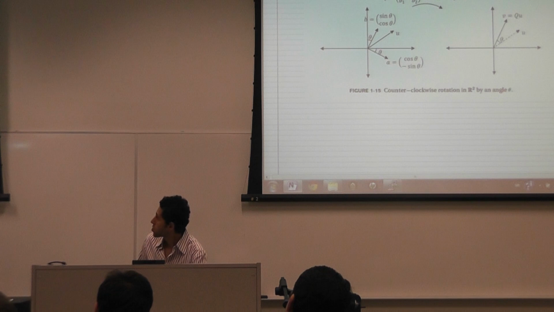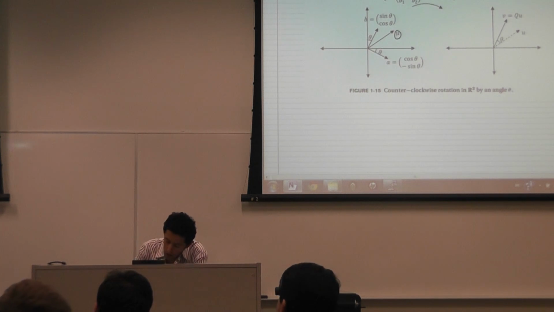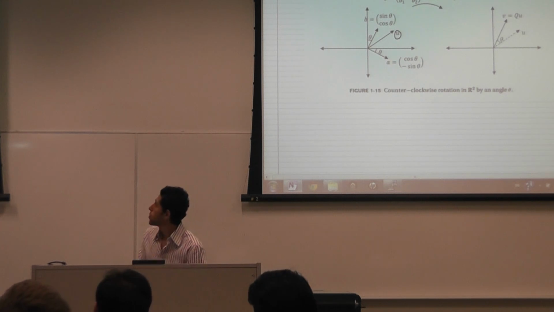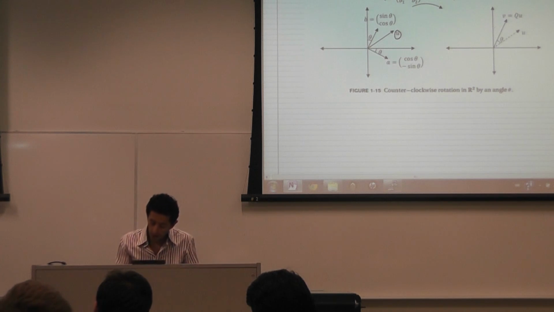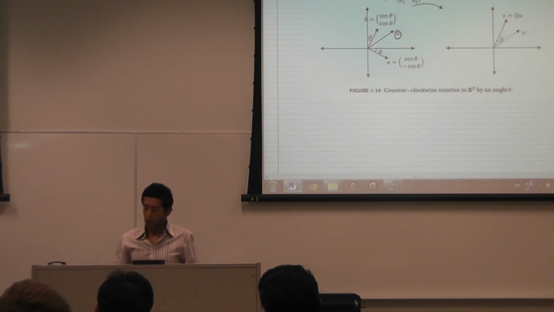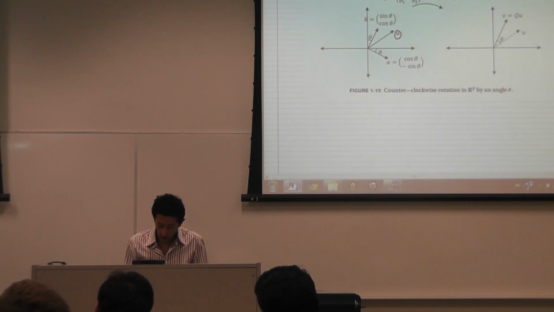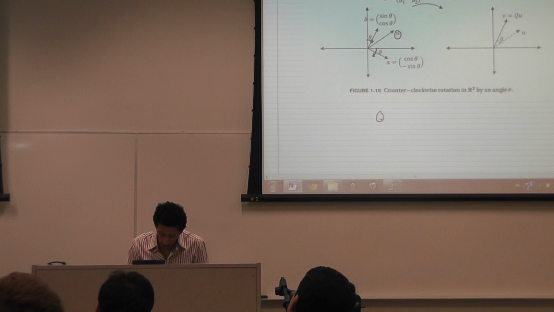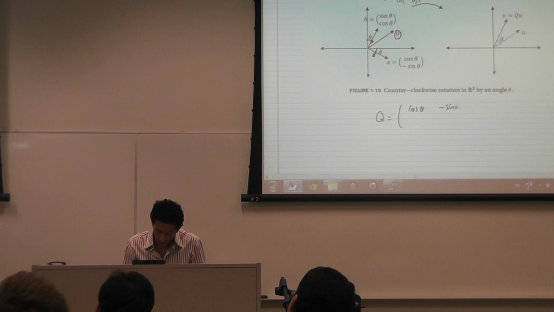To rotate vectors, for example, if this is u, the function of Q is to rotate u into the new vector v, and if that rotation is in this direction, then the form of Q is given by those vectors a and b that are rotated in the opposite direction. So Q in this form will be equal to cosine theta, negative sine theta, sine theta, cosine theta.